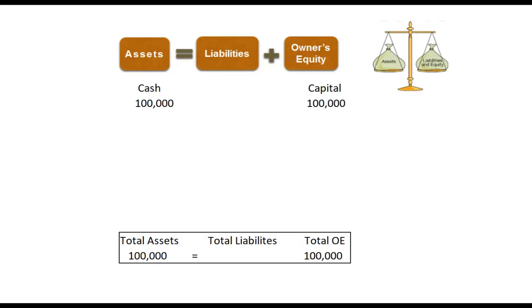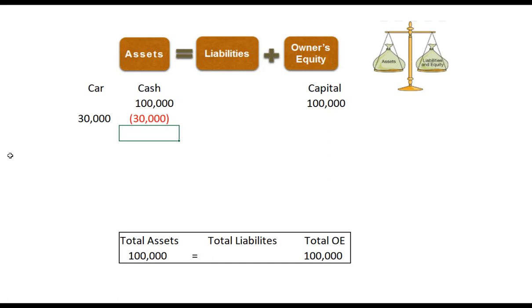To get the business going, the company purchases a car. Car is an asset. Let's say in this case it's $30,000. How was it purchased? It was purchased using cash. Cash is an asset. So cash decreased by $30,000.